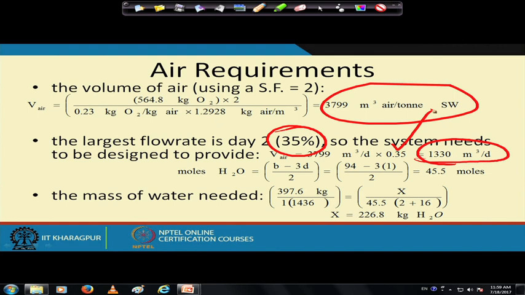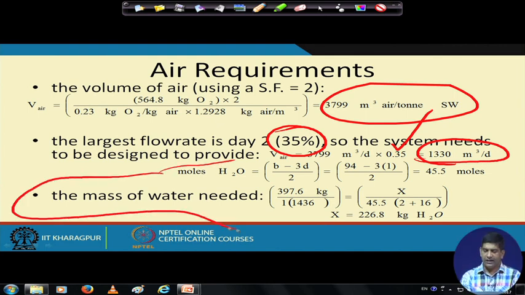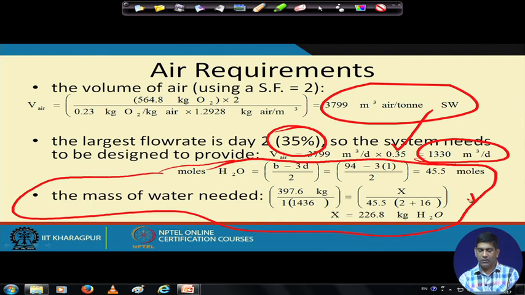Then other questions you can look at are how much water is present, and whether we need to add some water, because sometimes the compost also requires water. So those things can be looked at as well: the moles of oxygen and water present, and then the mass of water that is needed based on the number of moles.